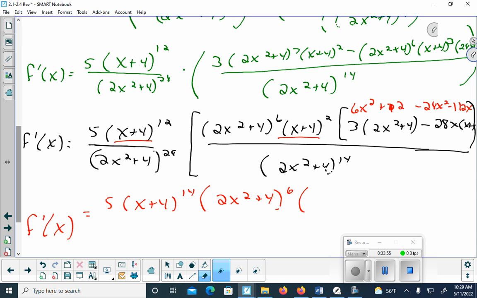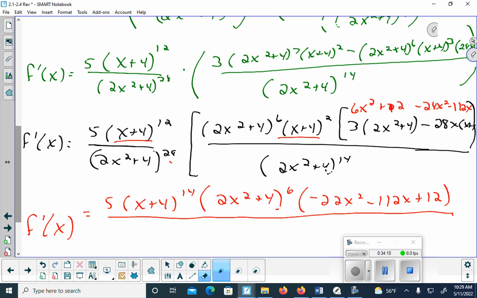And then this, I'm going to have negative 22x squared minus 112x plus 12. I'm not there yet. Give me a second. This is all over 2814, so this will be 2x squared plus 4 to the 42nd power. That sounds totally reasonable.